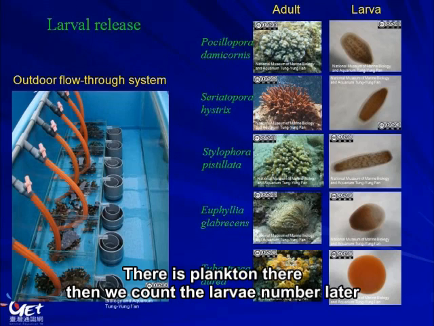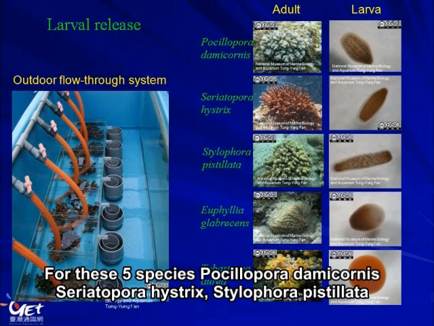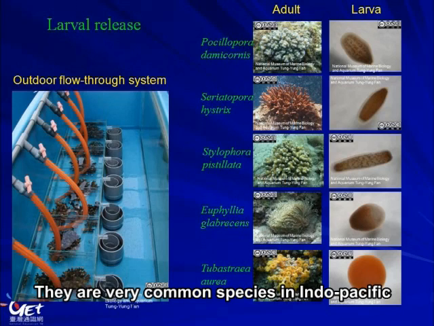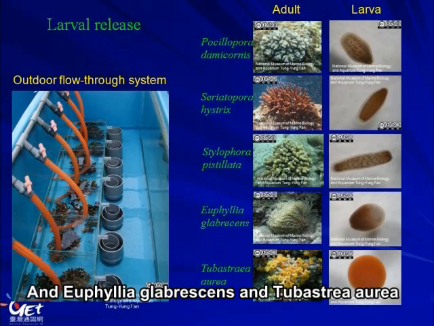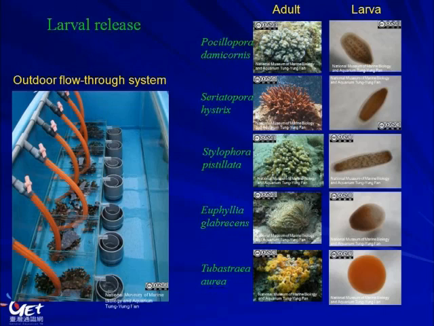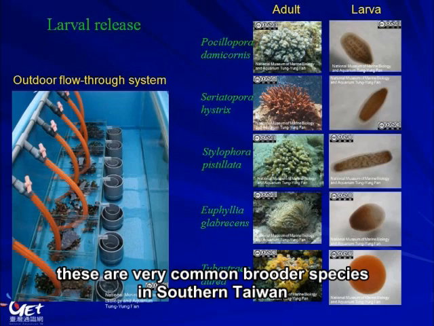There is a plankton net there, so we count the larvae number later. These five species, Pocillopora damicornis, Seriatopora hystrix, Stylophora pistillata, are very common species in the Indo-Pacific.